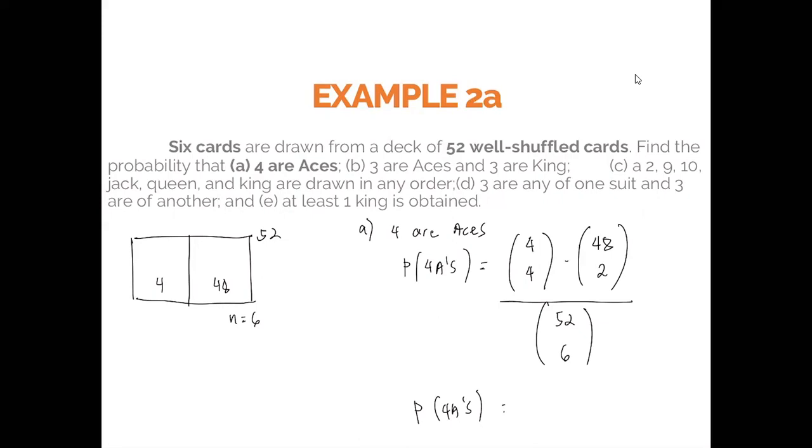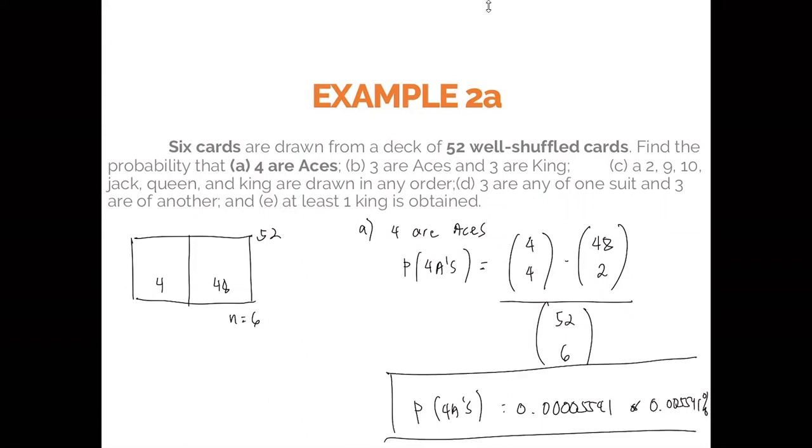Okay? So, we have 0.000005541 or 0.005541%. Okay? So, this is the answer for number 2.